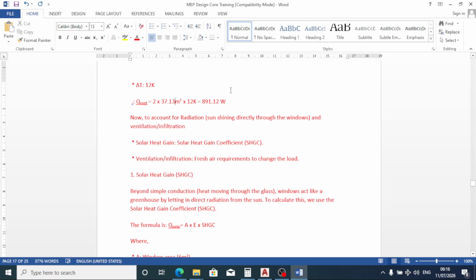Now the next thing we're going to consider is the solar irradiance. When the sun shines, there is that particular spot that receives the most concentration of the sunlight.